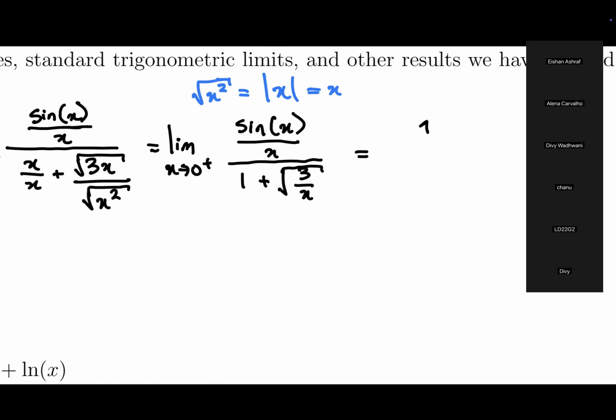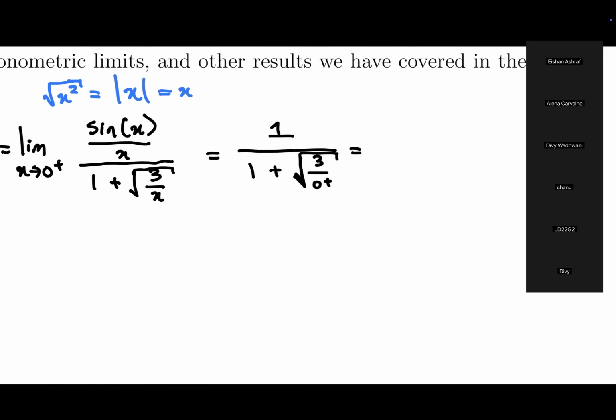So we know that we are allowed to do direct substitution. Going forward, the numerator goes to 1, and in the denominator, we'll end up getting something like 3 over 0 positive, which gives us 1 over 1 plus the square root of some very large value.